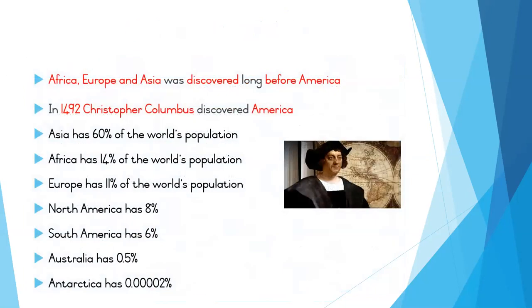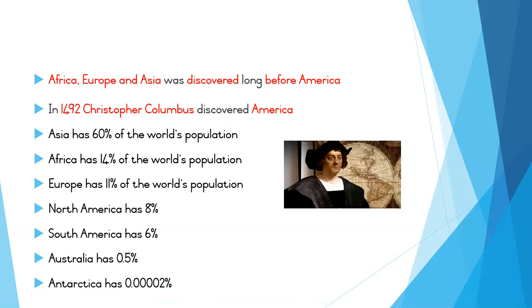Right, the next point: Africa, Europe, and Asia were discovered long before America. If you go back into history and look at the first trade routes and the first ships that were built, they were all built by Asians and by Arabs.